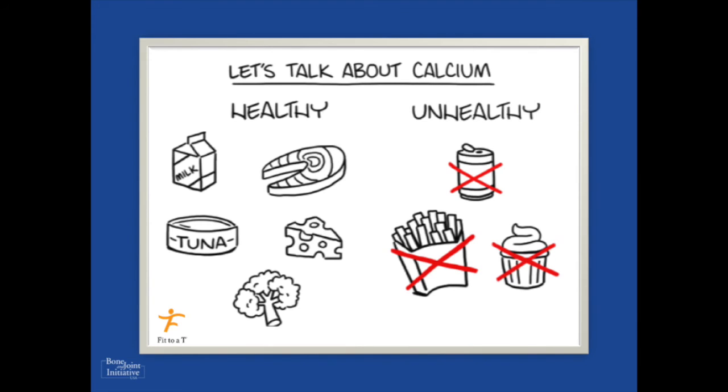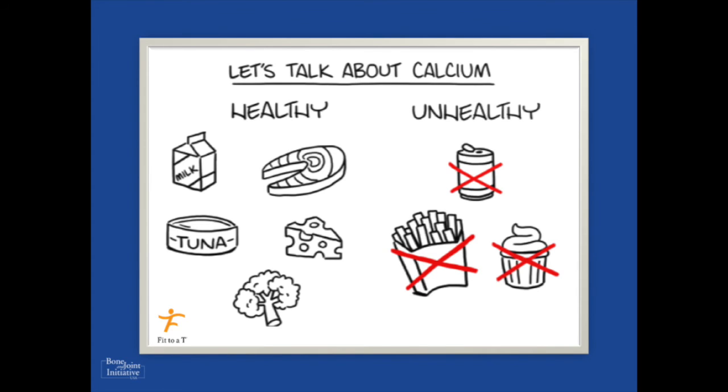The best way to get calcium is from our diet. This can be through dairy products such as milk or cheese or yogurt, or green vegetables are also a great source of calcium, such as broccoli, leafy greens like spinach or kale or collards. Canned fish can also be a very good source of calcium, such as sardines or tuna or salmon.